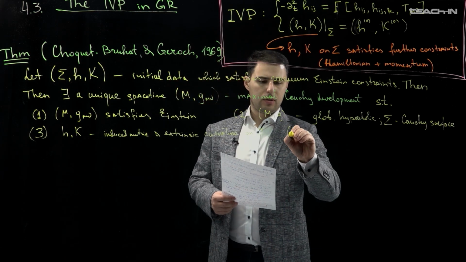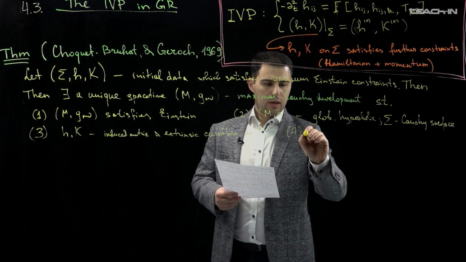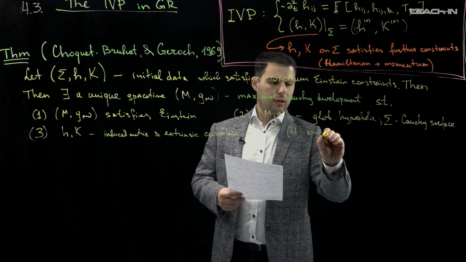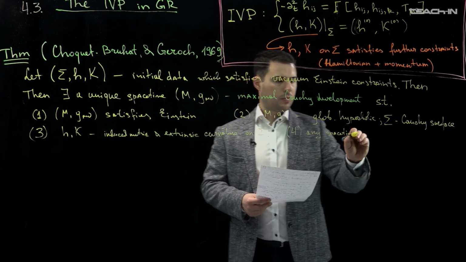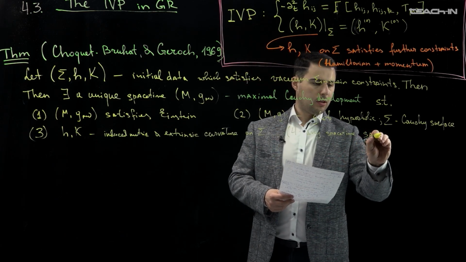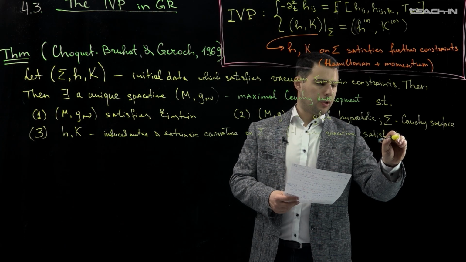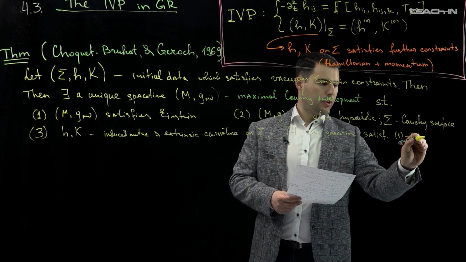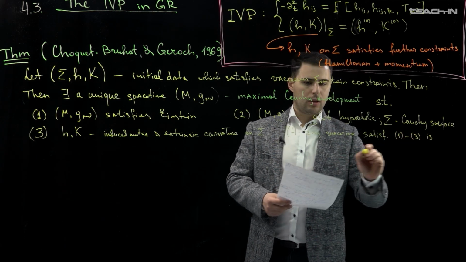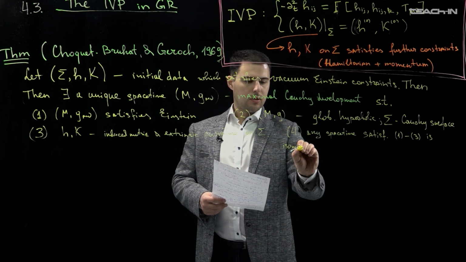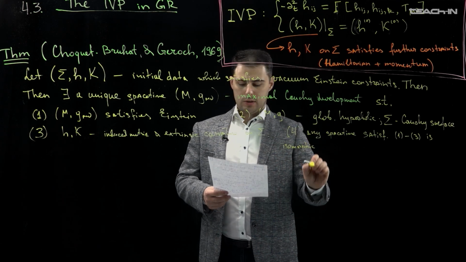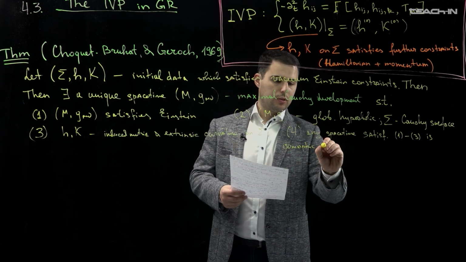And finally, any spacetime satisfying 1 to 3 is isomorphic to a subset.